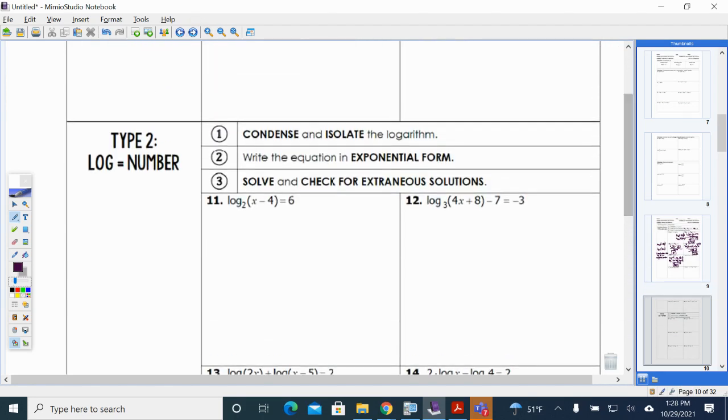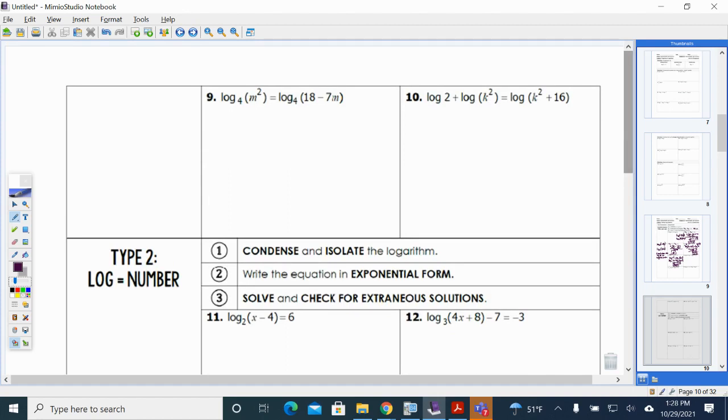Example number 10. Example number 10 says log of 2 plus log of k squared is equal to log of k squared plus 16. The left side has 2 logs. We need to put them together through multiplication.